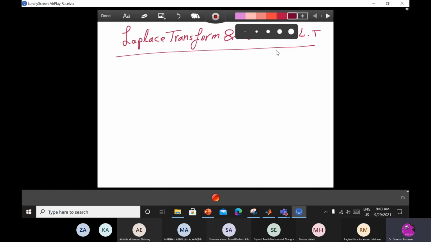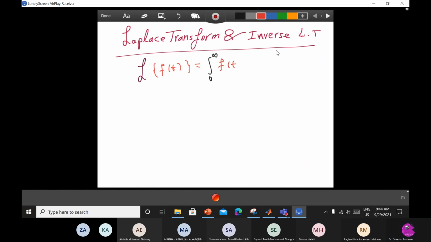So again, Laplace transform for any function f of t is exactly the integration from 0 to infinity for your function multiplied by e to the minus st dt.